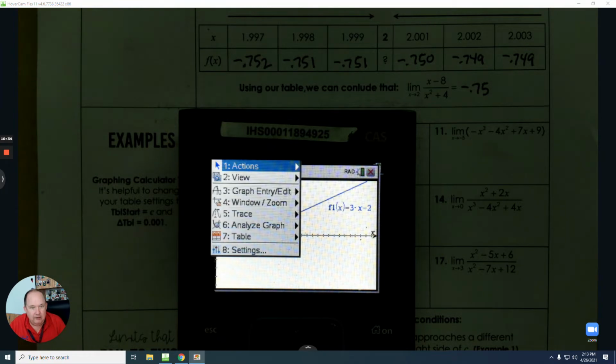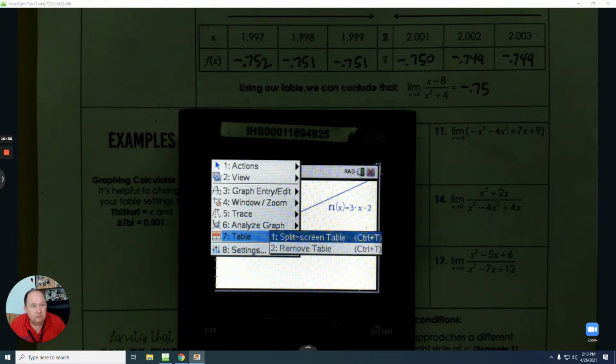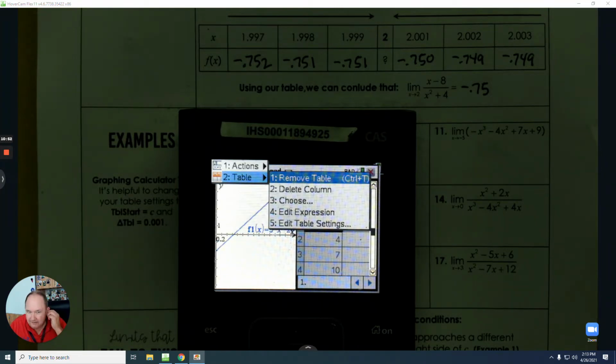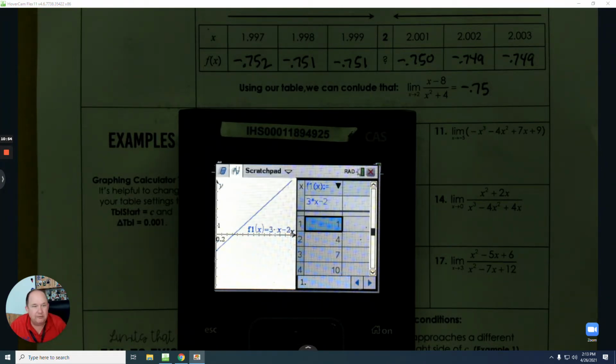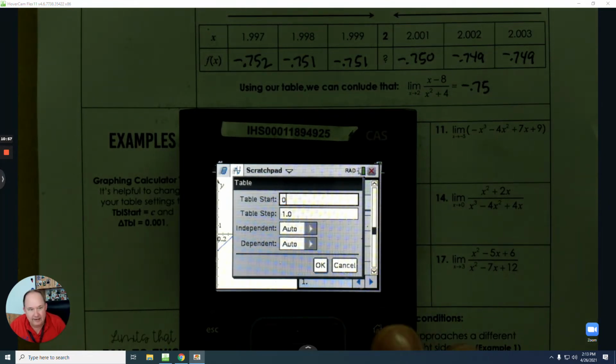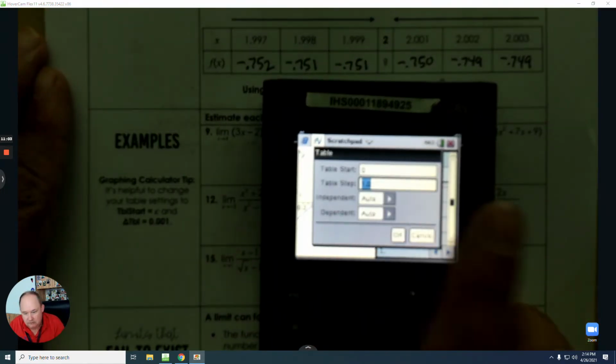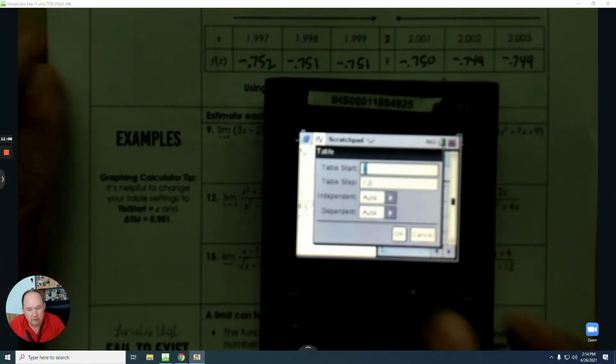If I go to menu and then table, I can edit the table settings so that the step they're talking about, and for this one, it's approaching 4, so let's start with 4 right here.